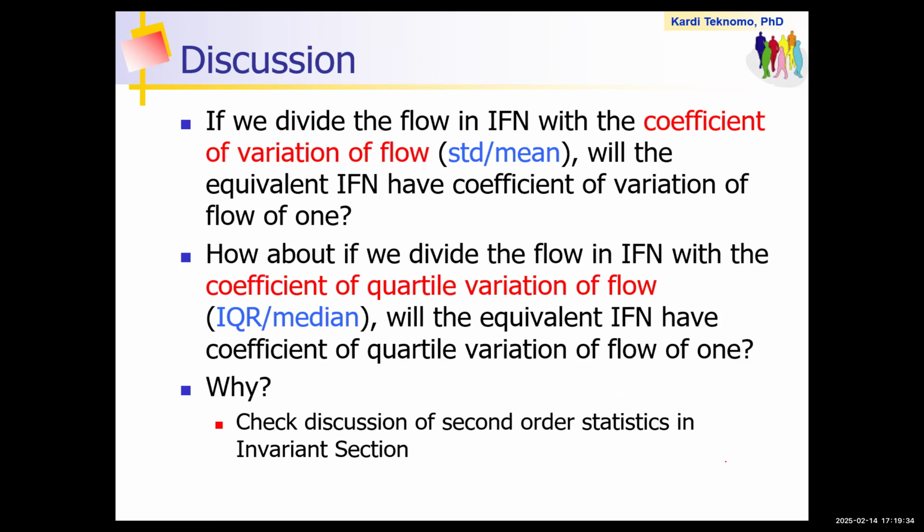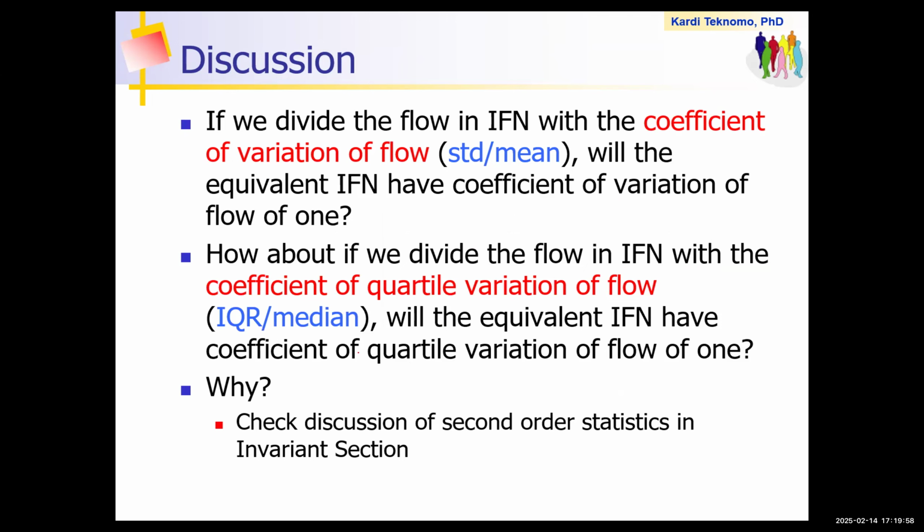Now if we divide the flow in the IFN by the coefficient of variation of the flow, my question: will the equivalent IFN have a coefficient of variation of 1? How about if we divide the flow in the IFN by the coefficient of quartile variation of flow, which is IQR divided by median?